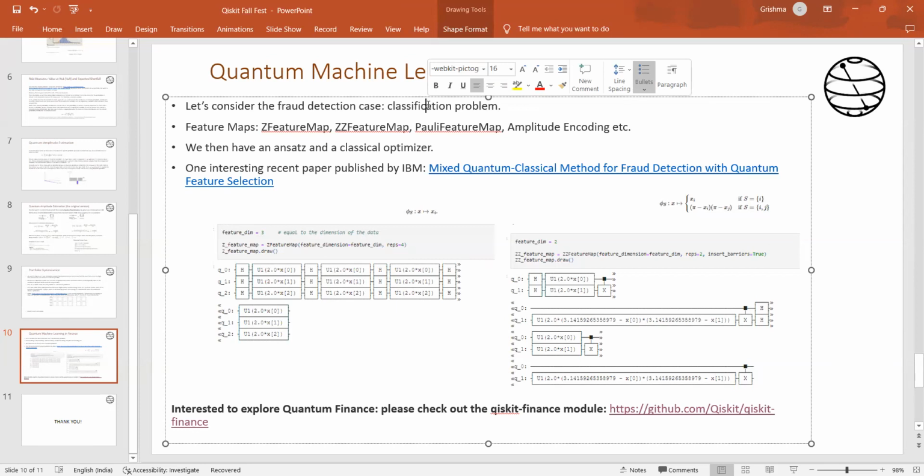Typically, you use things like random forest, XGBoost, those kinds of decision tree models, which are very apt for a fraud detection case. In terms of quantum machine learning, for example, this paper, very recently published by IBM, is a mixed quantum classical method for fraud detection with quantum feature selection.